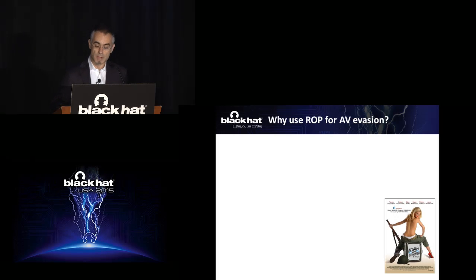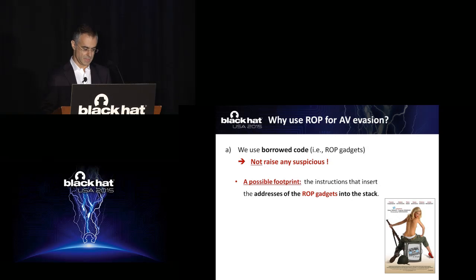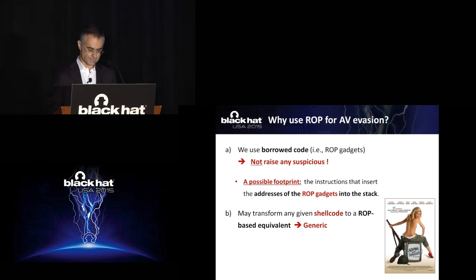Why use return-oriented programming for antivirus evasion? First of all, we use borrowed code, which means it does not raise any suspicions. A possible footprint might be the instruction that we use to put the addresses of the ROP gadgets into the stack, but we will see later how we proceed with this issue.